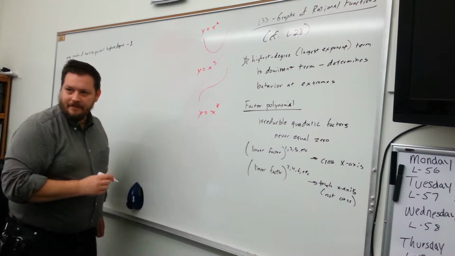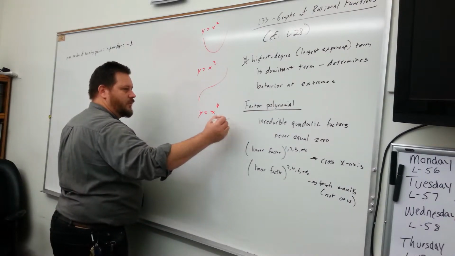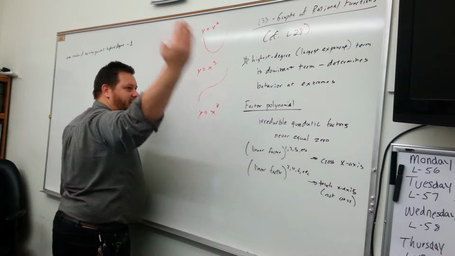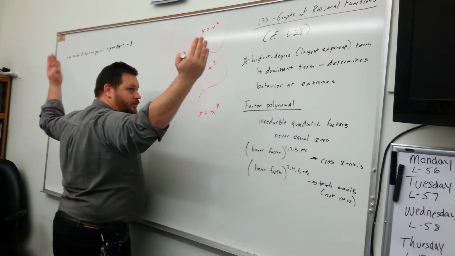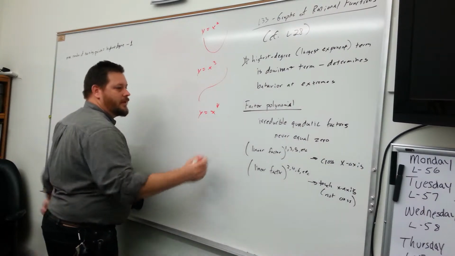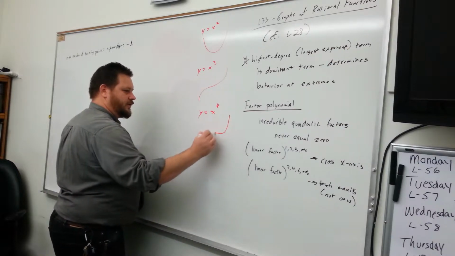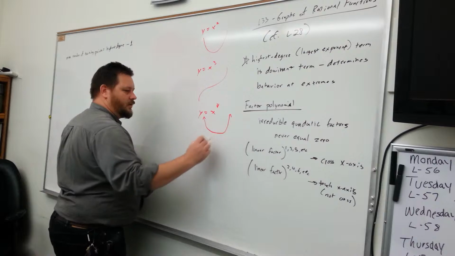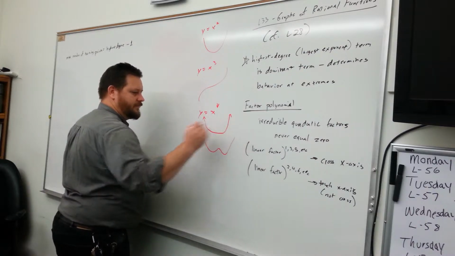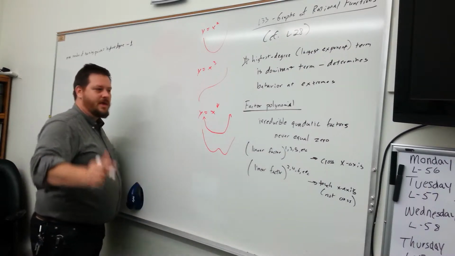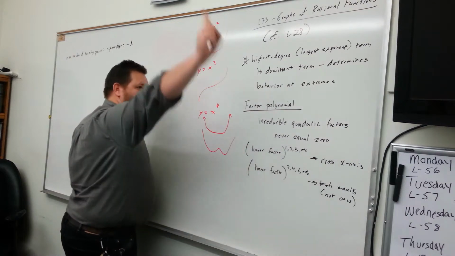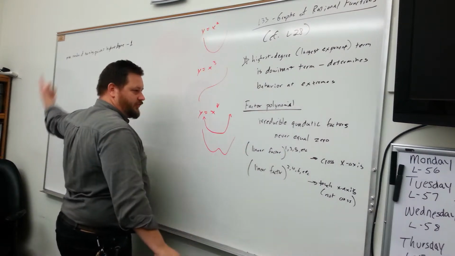Way at this extreme, it's got to go up. Way at the left extreme, it's also going to go up because it's an even power. Is it like a W? Depending on what else happens in this function, it's either going to look like that, or it might have a little curvy part in the middle. But in any case, at the extreme right, it goes way up. At the extreme left, it also goes way up.